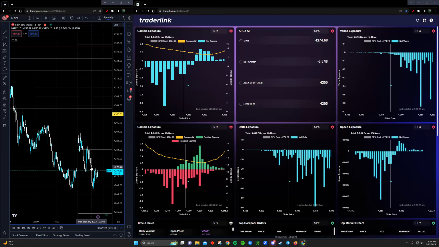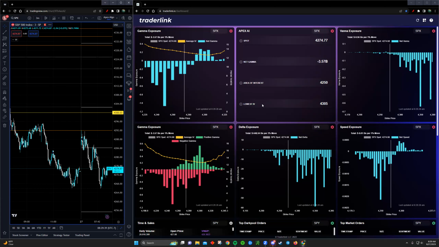Now it's 42.05, back to 4,200. So you have to do the math whenever you can. That's if the environment is correct to buy as well. And lowest IV should be more on the left side of spot price.